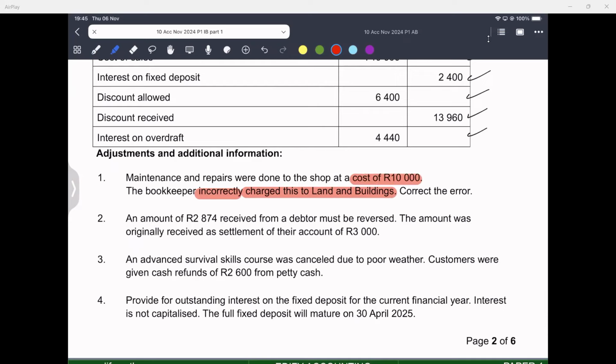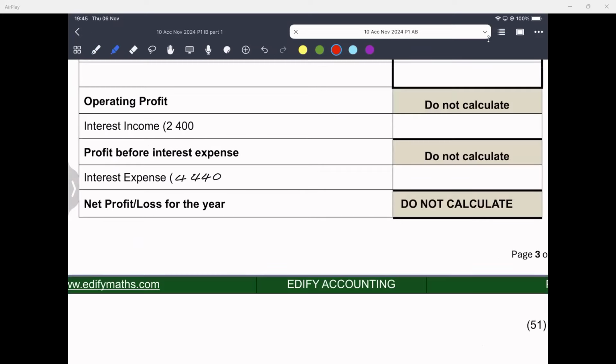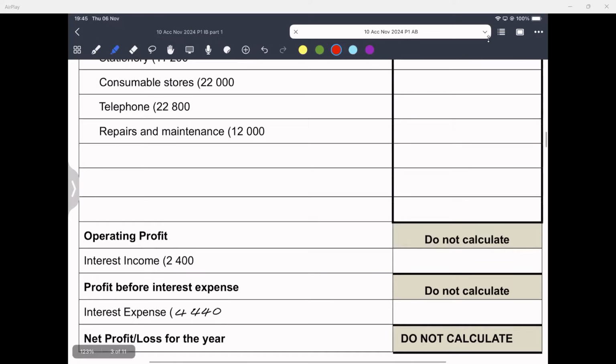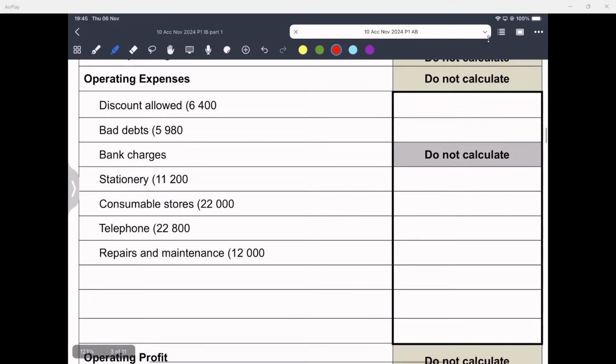We need to correct the error. Normally, to correct the error here, you will take that and subtract it from land and buildings and then add it to repairs and maintenance. All right, so for our repairs and maintenance, you will add that 10,000 rand.